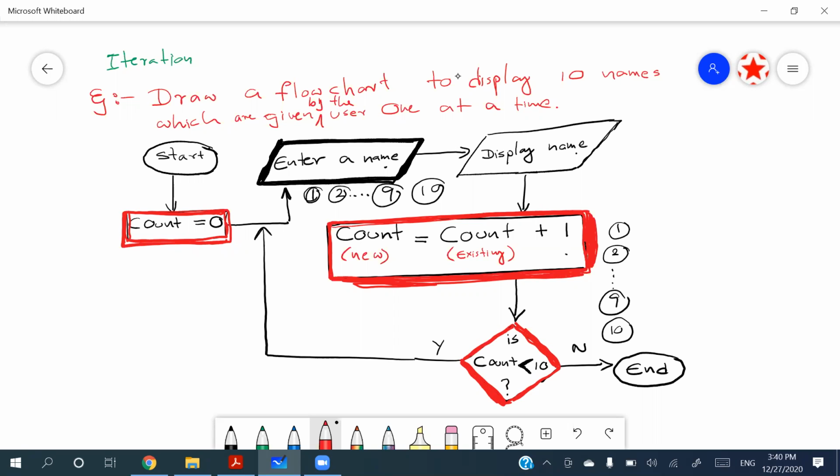I told you we have to decide whether it's going to be less than, or less than or equal to, or what the operator will be, by doing some checks. Later we are going to call this the hand tracing method. So we have to hand trace to check whether we use less than 10 or less than or equal to 10 at this point.